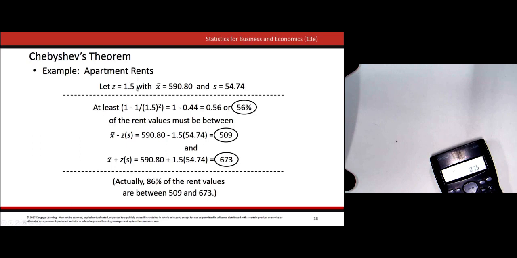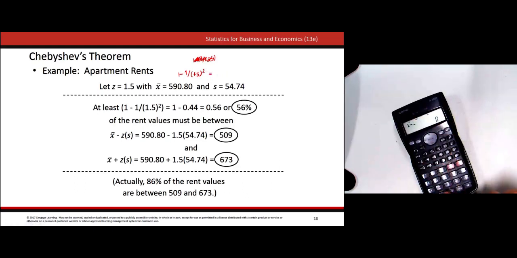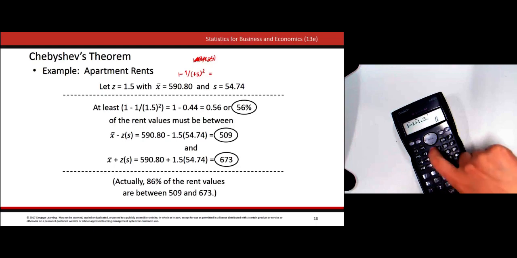If we look at the apartment rent, say z is 1.5. That is 1 minus 1 over 1.5 squared, which is 0.56.